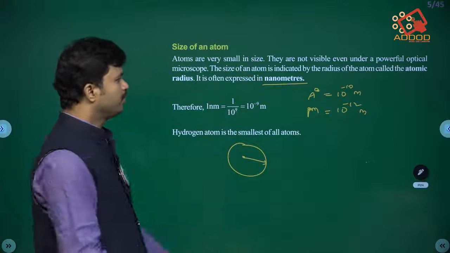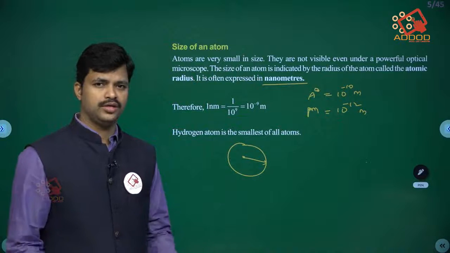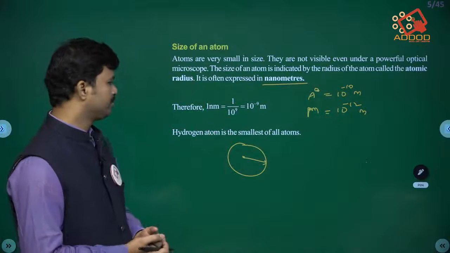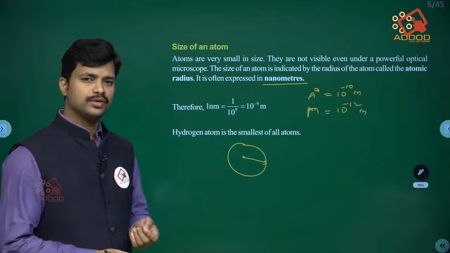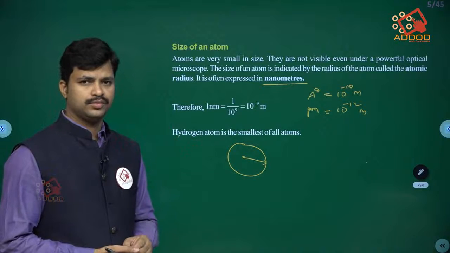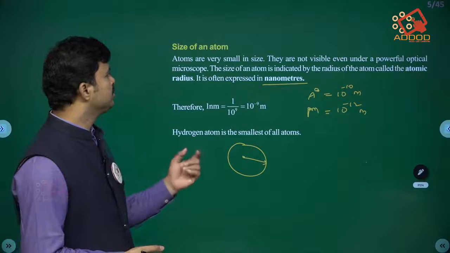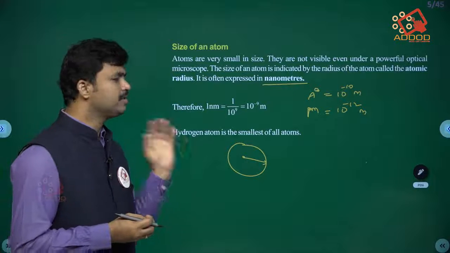What do you mean by 10 power minus 10? It is 1 by 10 power 10, an expression you have come across in mathematics, right? The hydrogen atom is the smallest of all atoms. It is very small in size. This is the information on the size of the atom and its fundamental units.